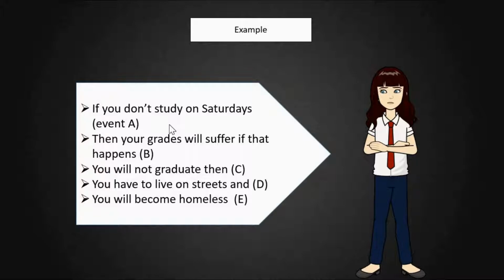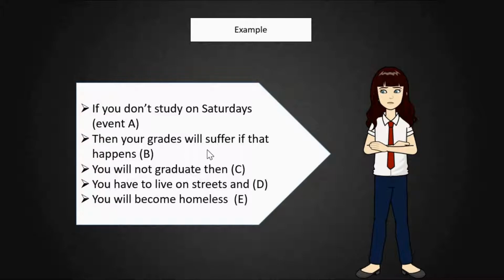So now you can see not studying on Saturdays can cause you death. Is this logical? No, it is definitely not. It is illogical. How can not studying on Saturdays cause me death? You can see it goes on and on, and in all of these propositions or premises, there is no evidence.